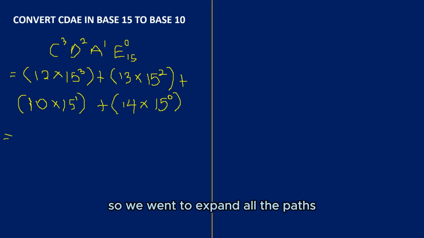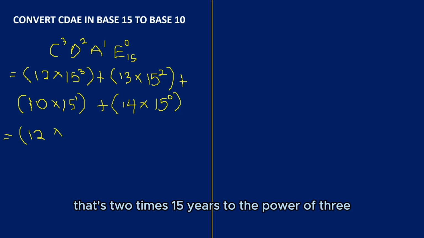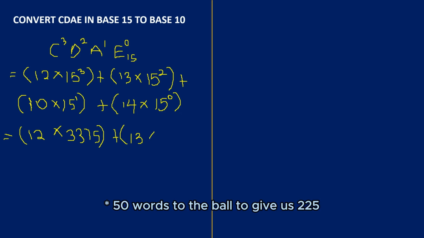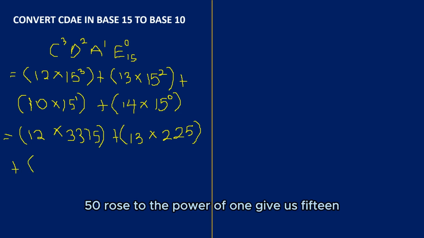So we're going to expand all the powers. That's 15 raised to the power of 3 will give us 3,375, plus 13 times 15 raised to the power of 2, which will give us 225, plus 15 raised to the power of 1 will give us 15.